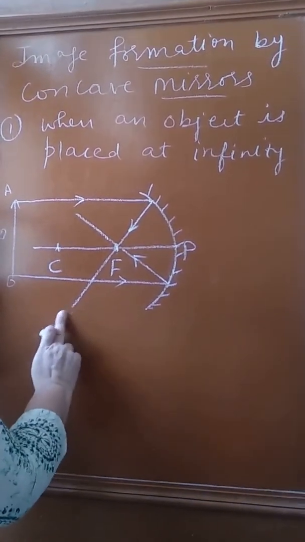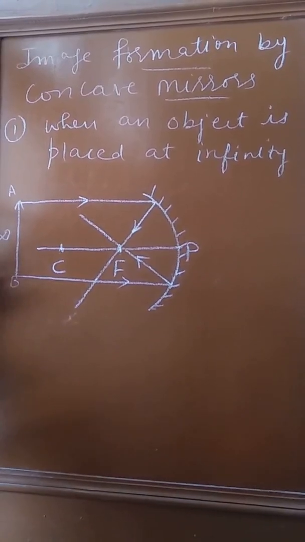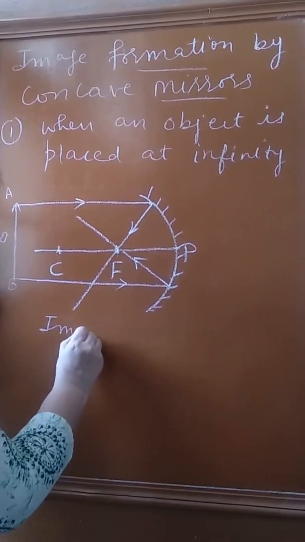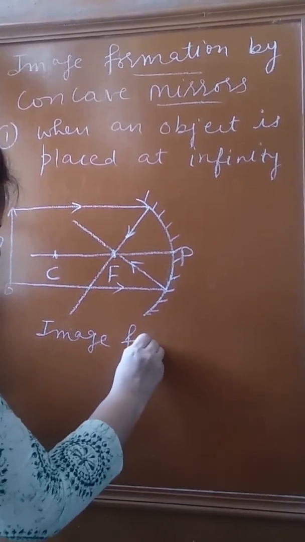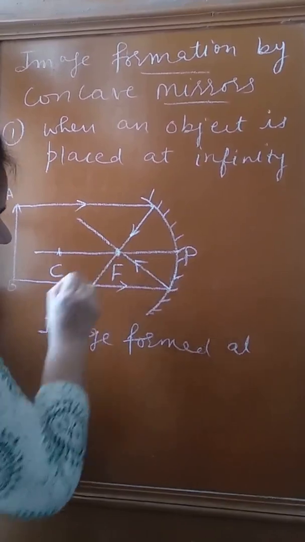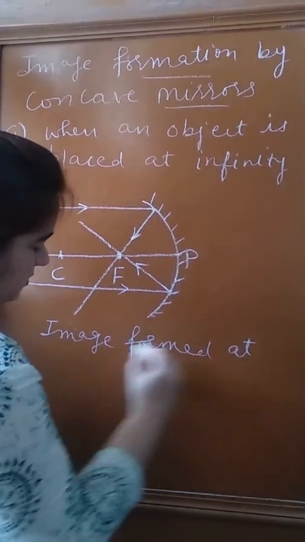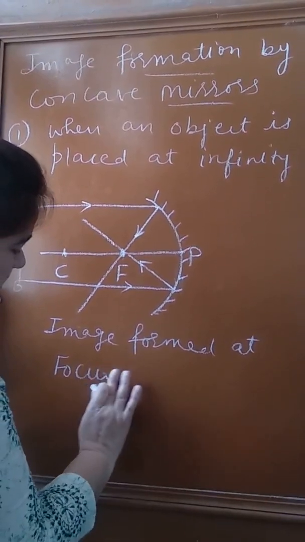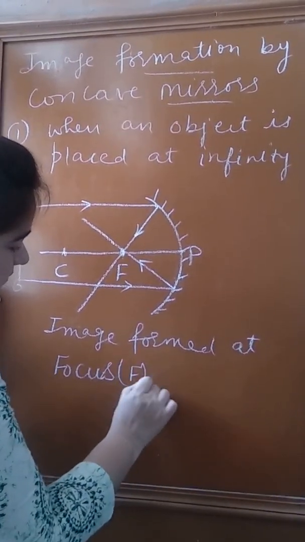Now, what is the position, nature and size of the image formed? The image is formed at focus.